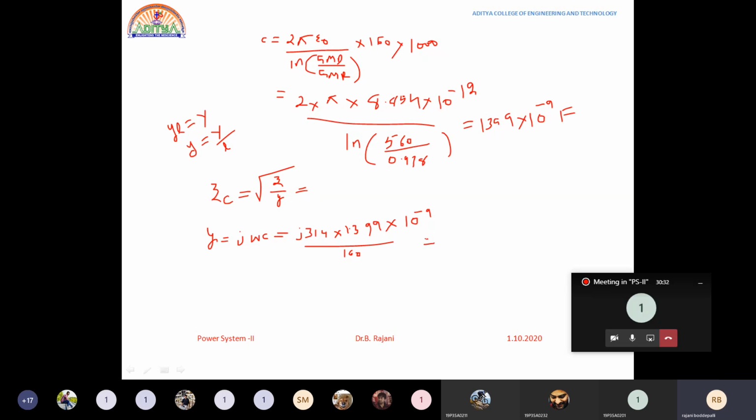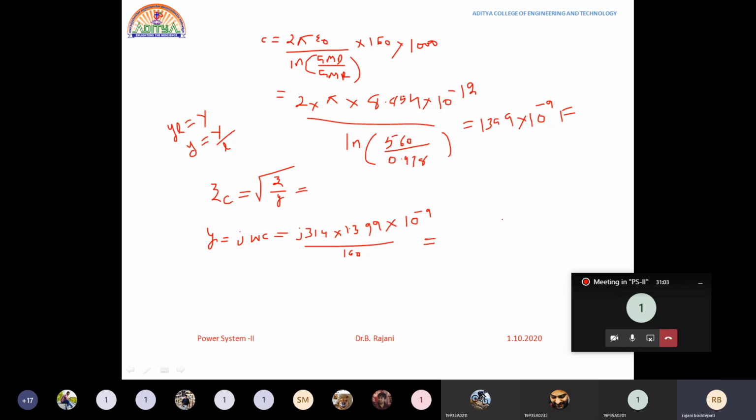What is the difference between small y and capital Y? Small y is for a small differential length of the line. Capital Y is the total admittance of that particular line. So I have to divide it by 160. Here I have multiplied by 160, so I divide here in order to get small y. That's the reason why I have divided with 160.